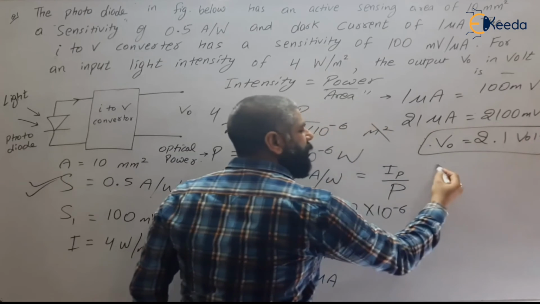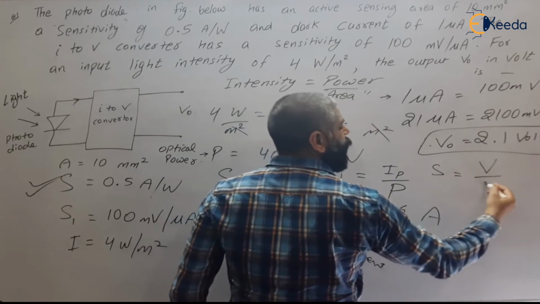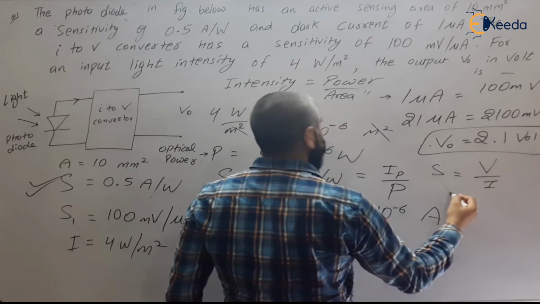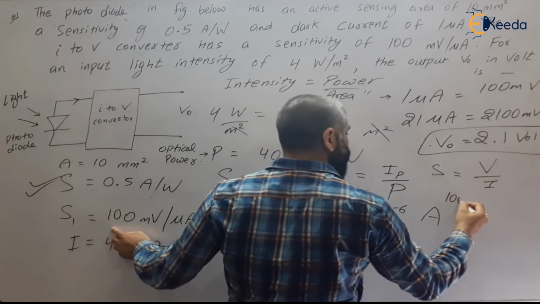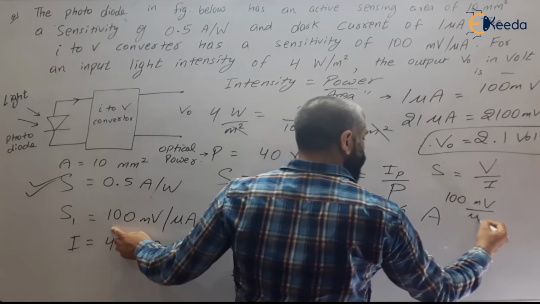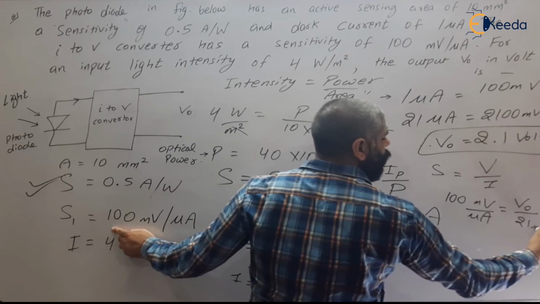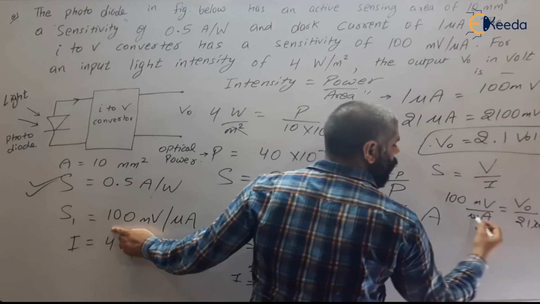Or you can use the sensitivity, which is the change in output to input. Output is voltage, input is current. So sensitivity is given as 100 millivolt divided by 1 microampere. And for the output voltage V0, the input current is 21 microampere, so the microampere gets cancelled.